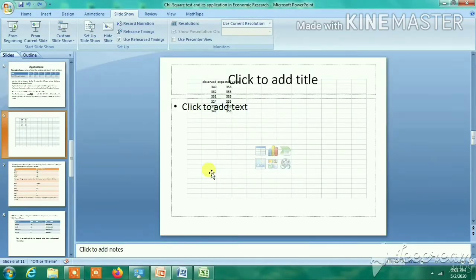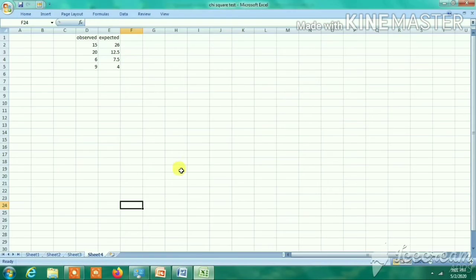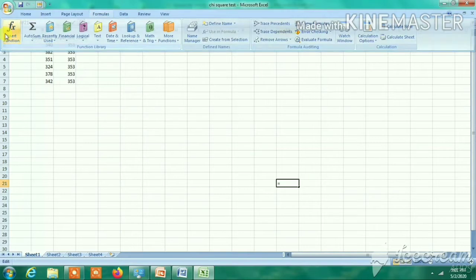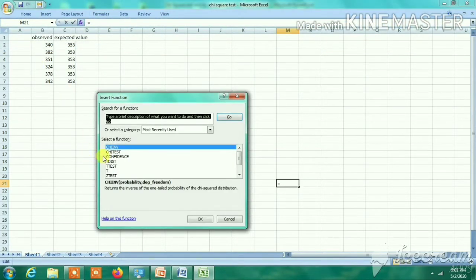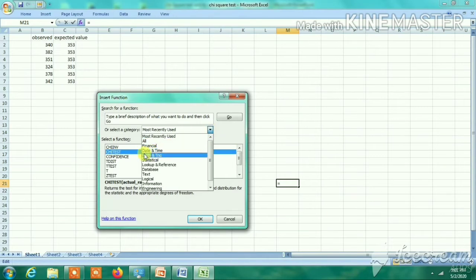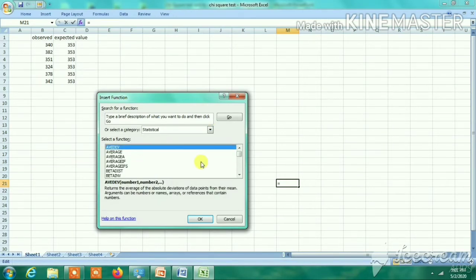Now proceeding to our Excel. So this is our observed value, this is our expected value. How can we proceed? Just click formula, insert function. This is chi-square test, and this is statistical, and go through chi-square test.